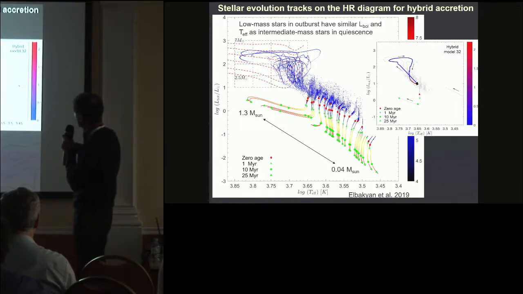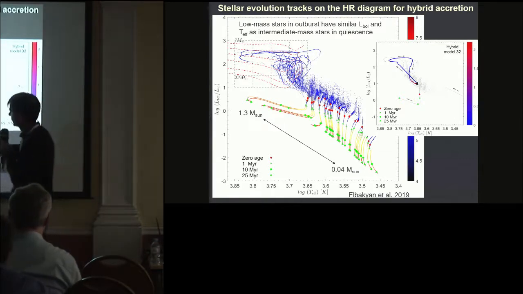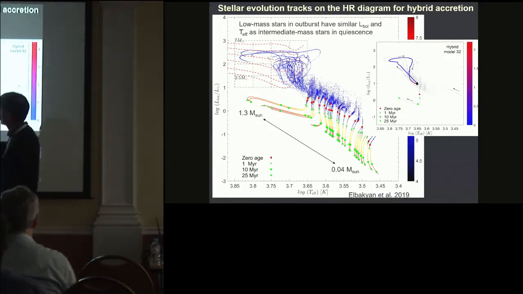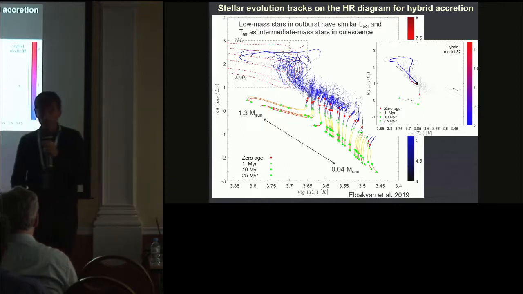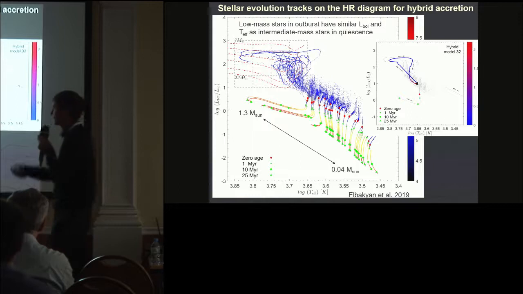So the star starts here, goes here, and then there is one outburst and it goes all the way, so there is this loop. Then it returns back and goes like this. And we plotted here the dashed red lines, which are isomasses for young intermediate mass stars.